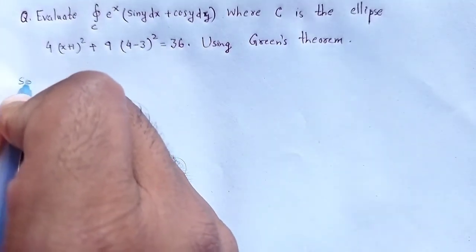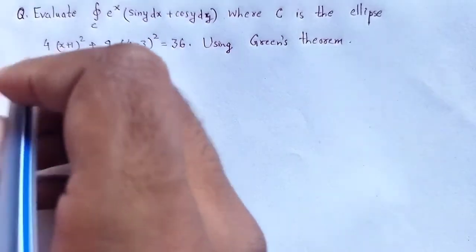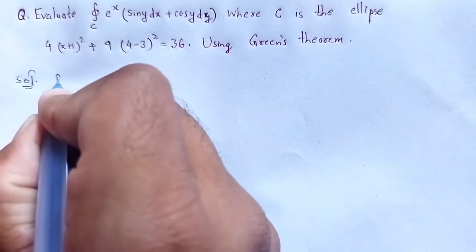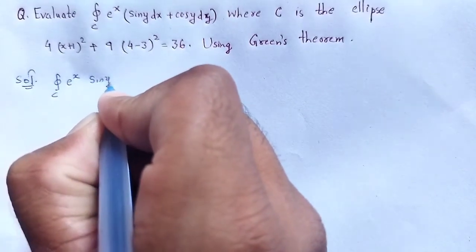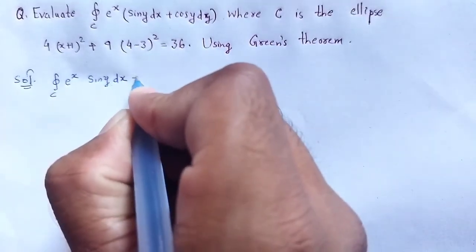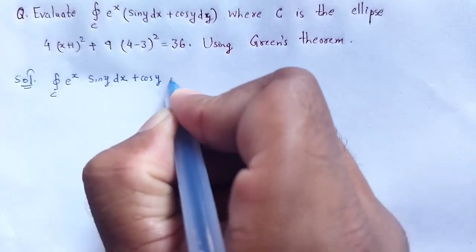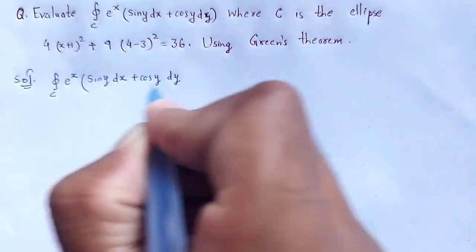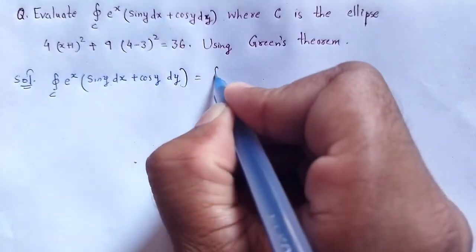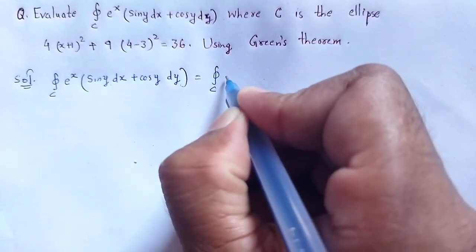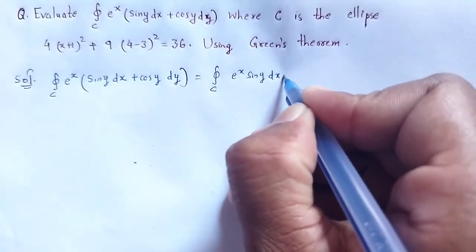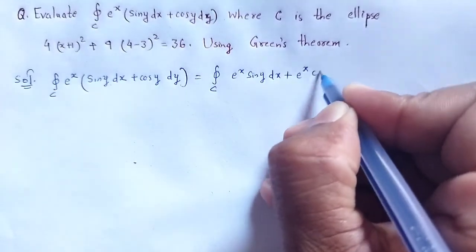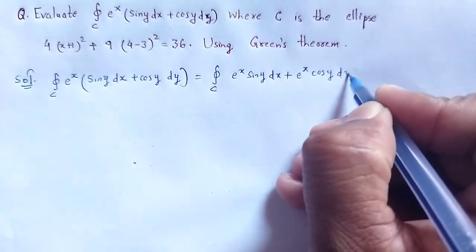Solution of that question: the integration over c of e to the power x sin y dx plus cos y dy is equal to closed curve integration over c of e to the power x sin y dx plus e to the power x cos y dy.